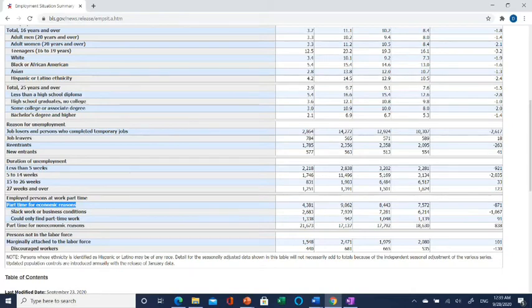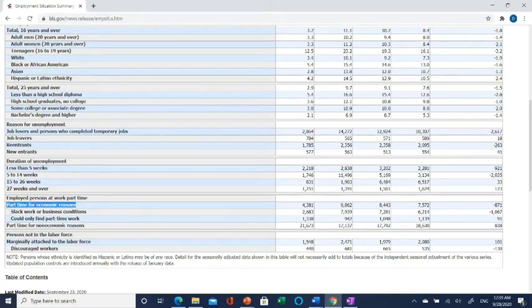The Bureau of Labor Statistics does not distinguish between part-time and full-time workers. Even if you work an hour or 2 hours, a few hours a week, you are considered full-time. But a lot of these people are actually willing to work full-time. They're working part-time for economic reasons because they cannot find jobs.